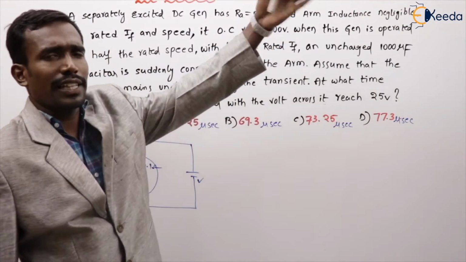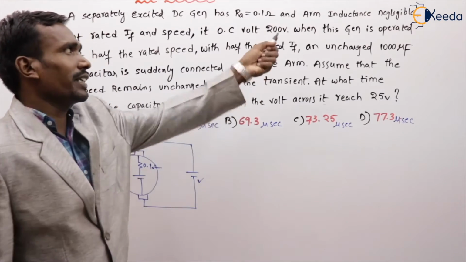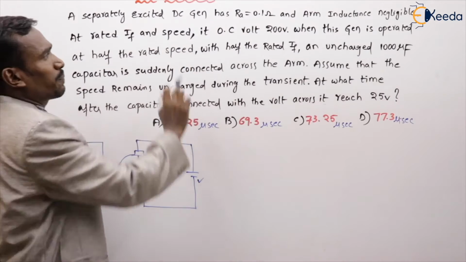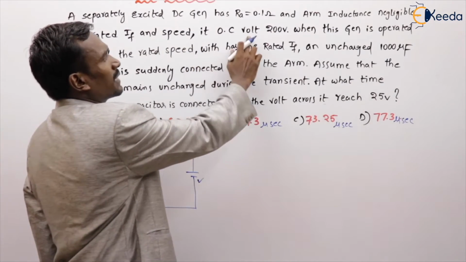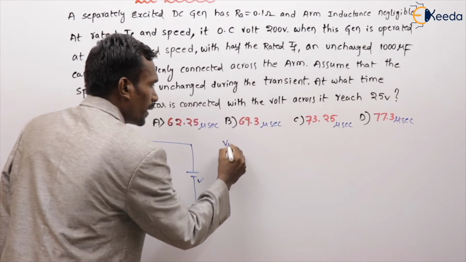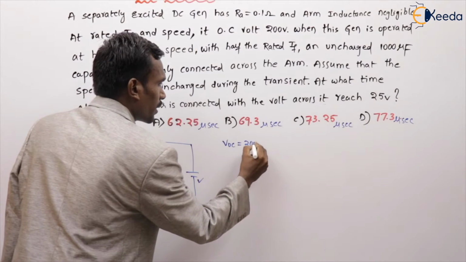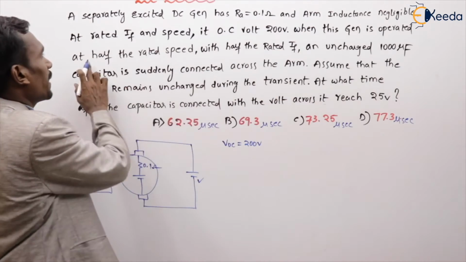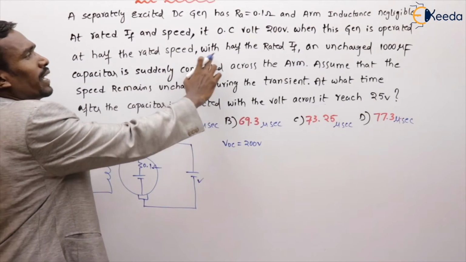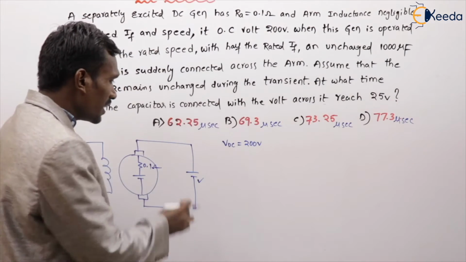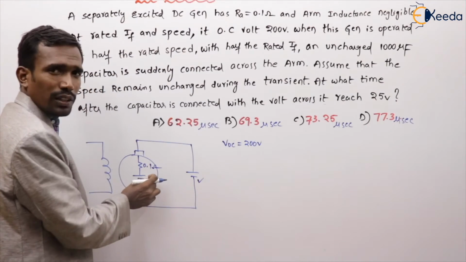Armature inductance negligible. At rated field current and speed, its open circuited voltage is 200 volts. Generally under no load condition it is 200 volts.